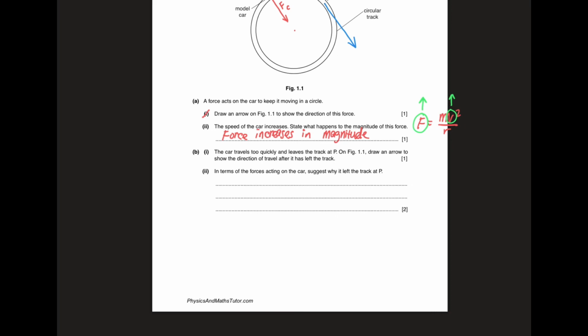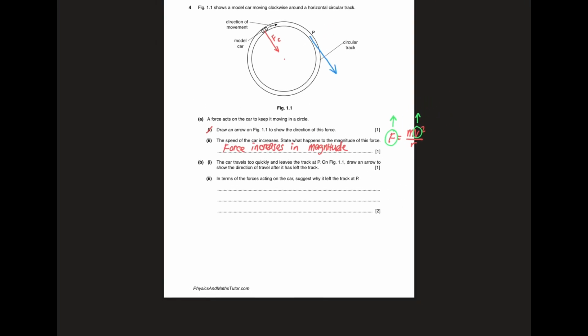So we have to keep focus on the forces. And okay, what can we say? So first we need to know what force is acting over here. It's basically the friction. The car moves in the circular track. The car and the track has friction. The friction is the force. So this force contributes to the centripetal force.